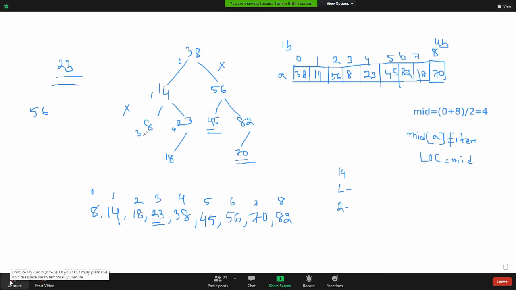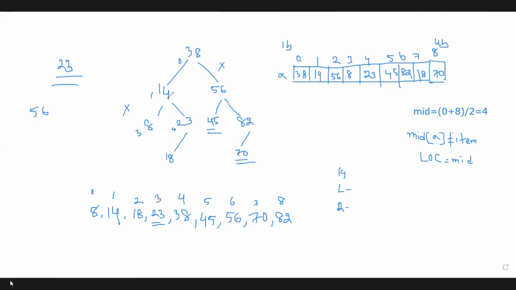Okay. So now in this tree, the index of the root node is 0, and its left child is at index 1, and 14's left child index is 3, and its right child index is 4. Right, so by using this index we can easily find out the child node of a parent node.